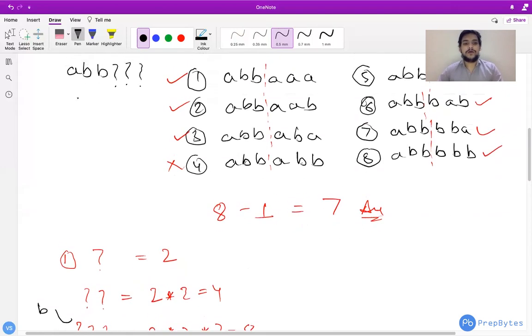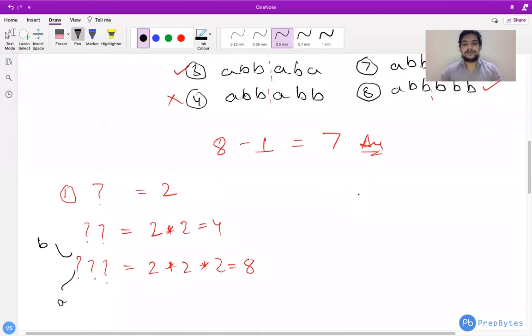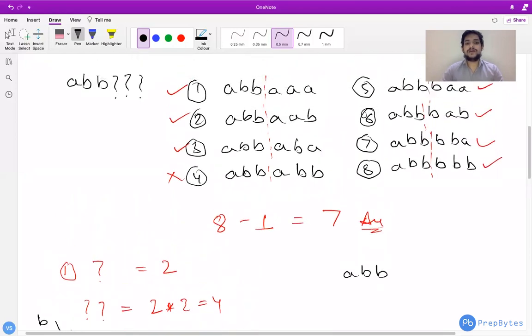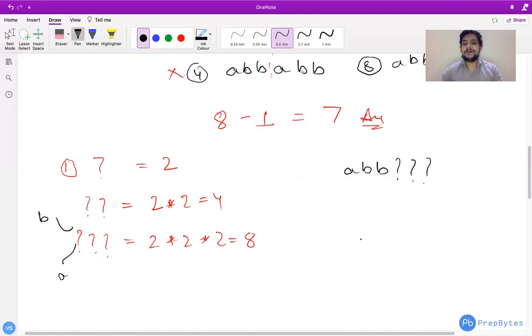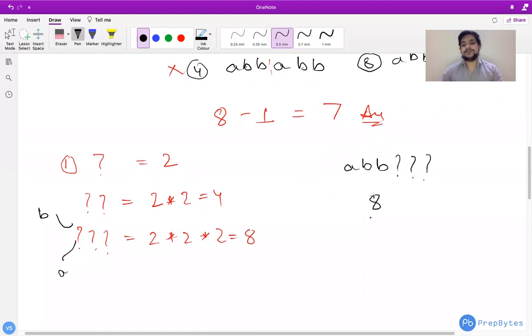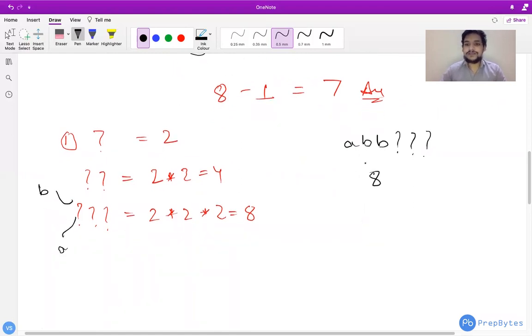So here, when we take this example ABB and this question mark, question mark, question mark, first we will count how many total combinations we can make. We can make 8 total combinations. Then after that, we will check whether we are getting any question mark here.